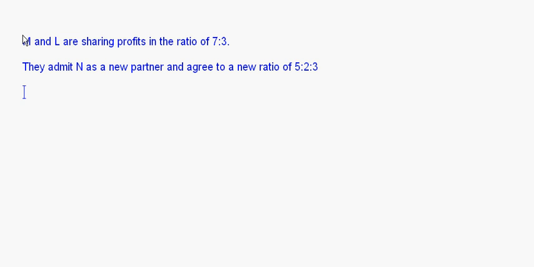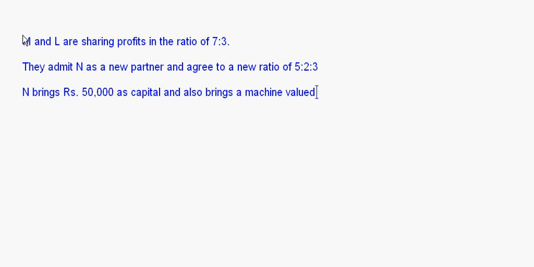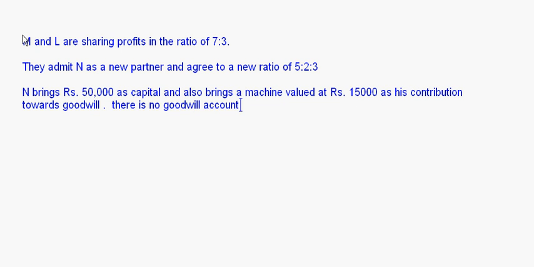Okay, N brings rupees 50,000 as capital and also brings a machine valued at rupees 15,000 as his contribution towards goodwill, right? There is no goodwill account in the books of the partners, in the books of the firm, right?